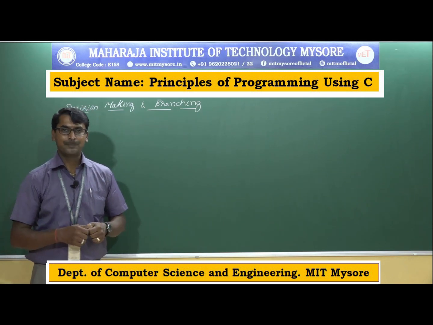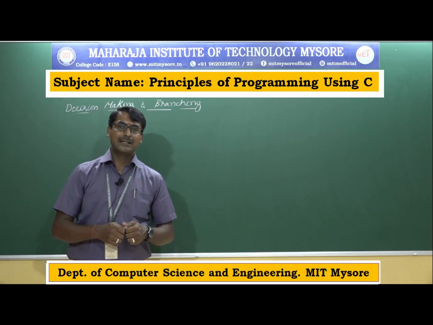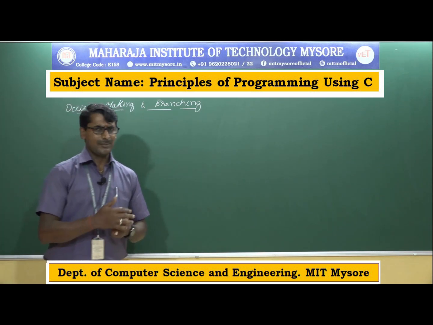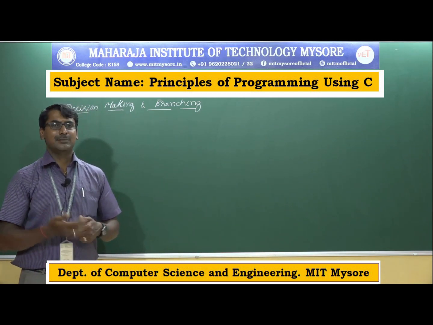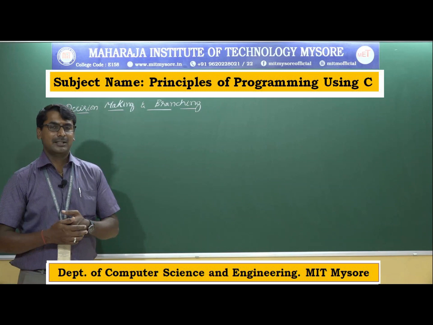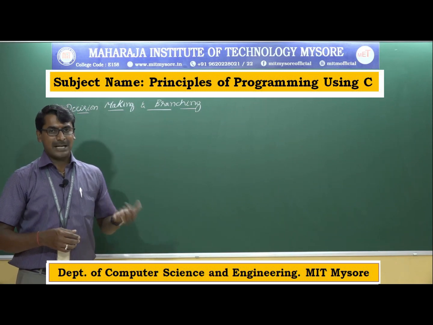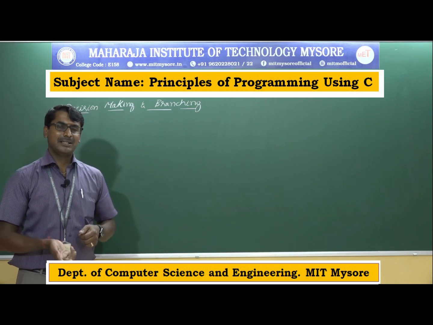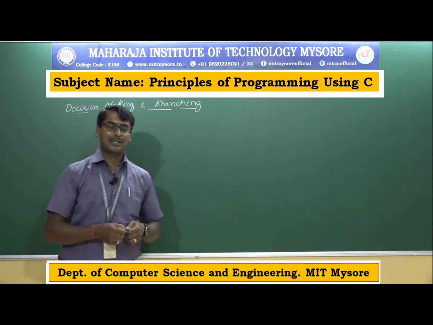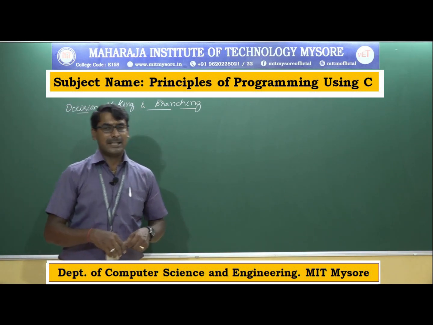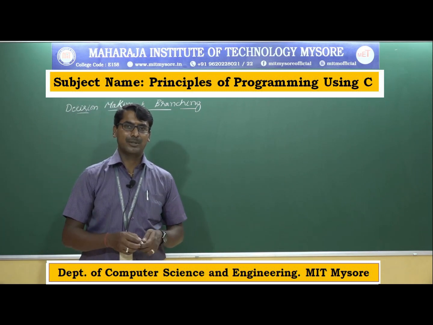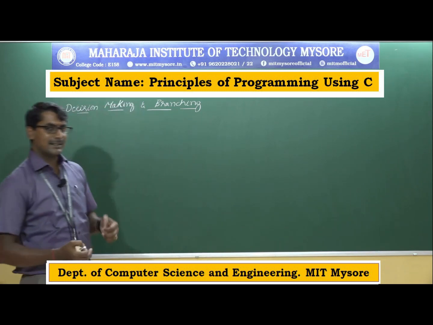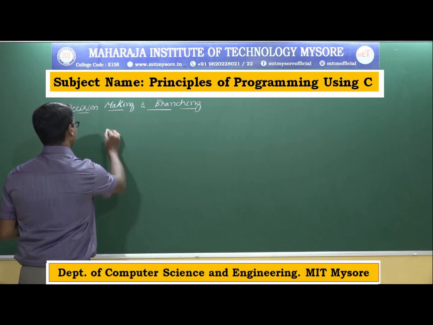For that we need to use a conditional statement, also called a branching statement. Branching statements and conditional control statements are used to execute certain statements or skip certain statements during program execution. Let us consider one simple example.